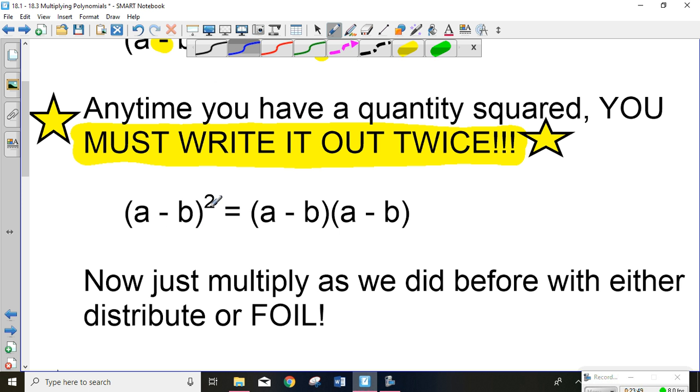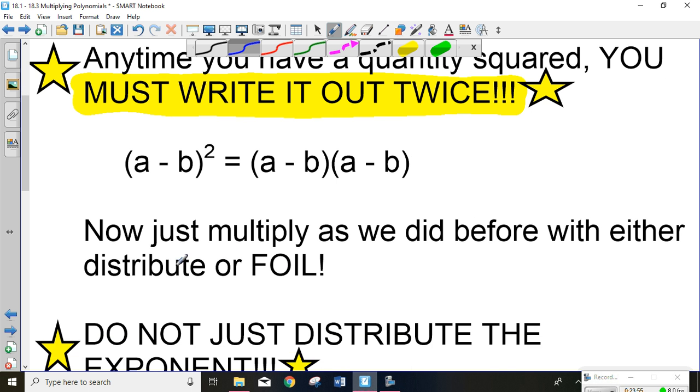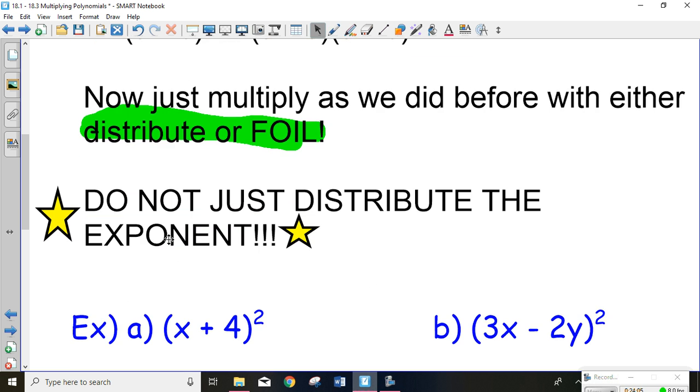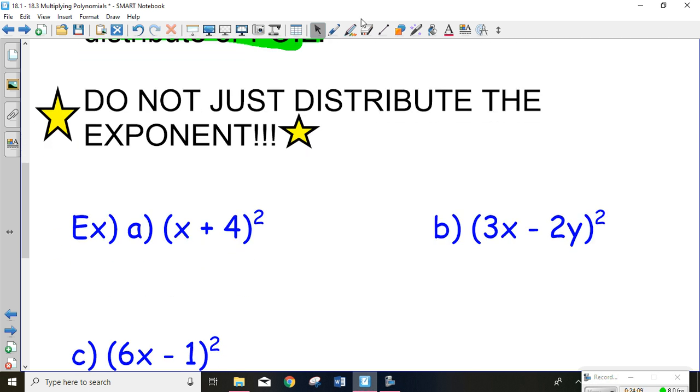If we had a minus b squared, you have to write it as a minus b times a minus b. Now it just becomes a distributor FOIL, whichever method of multiplication you liked. So you cannot just distribute the exponent. That is key. I tell students every year with this lesson, you cannot just distribute that squared when there's a plus or a minus in there.